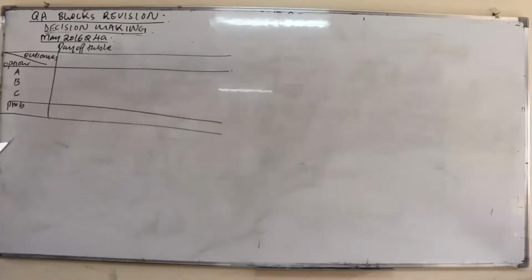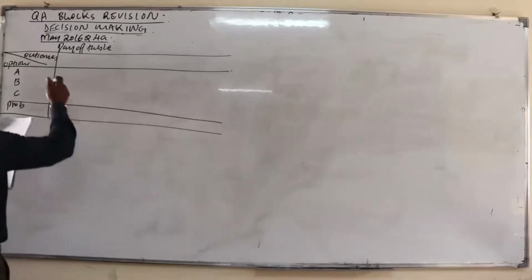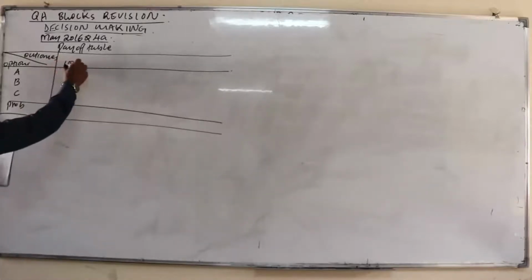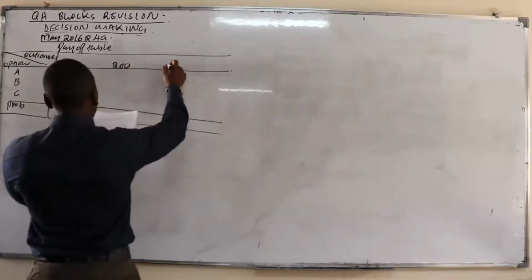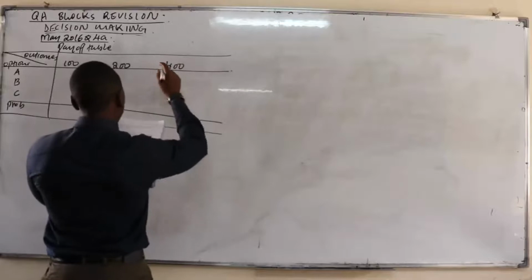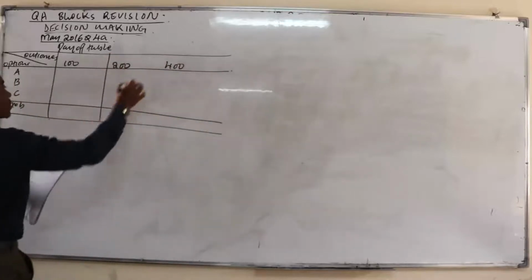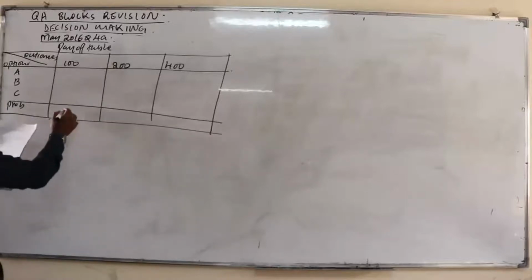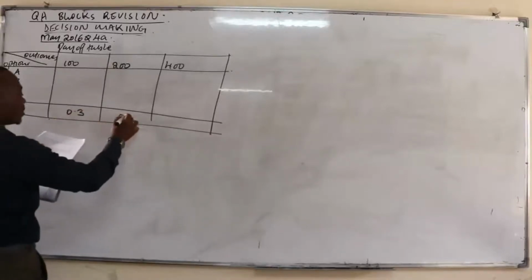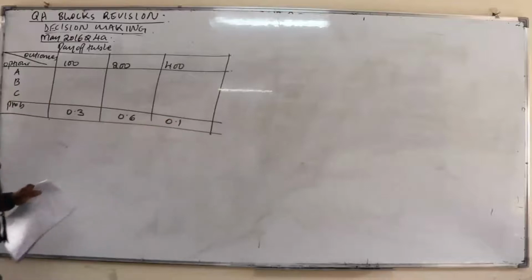Then for the outcomes, it's all about the demand. You can sell 100 units, 200 units, or 400 units. And the probability of selling 100 is 0.3, then 0.6, and 0.1.